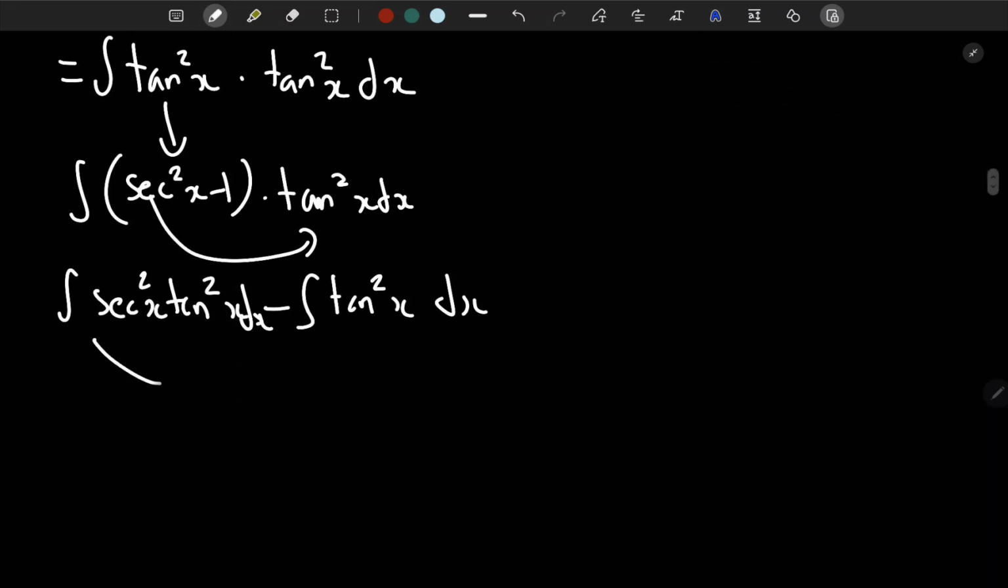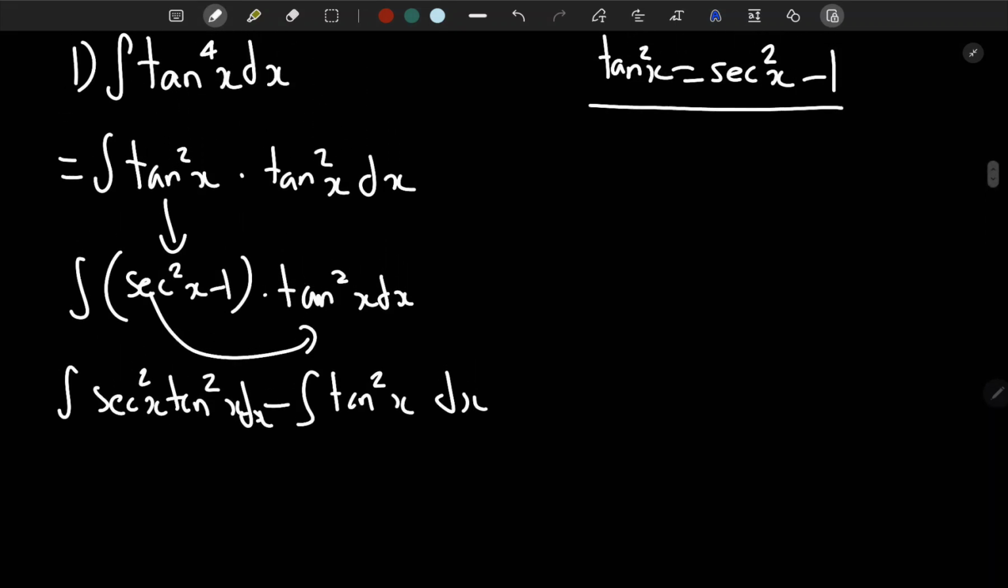So here, do you think we can use u substitution now, since we have secant squared x tan squared x? Here we can let u be tan x, and du will be secant squared x dx, and this will cancel out with this secant squared x, so that will work out for this integral.